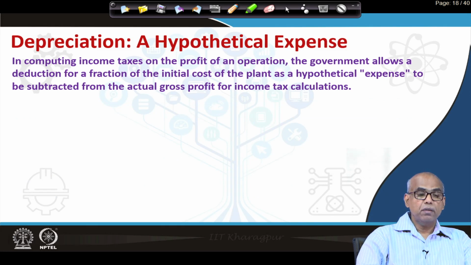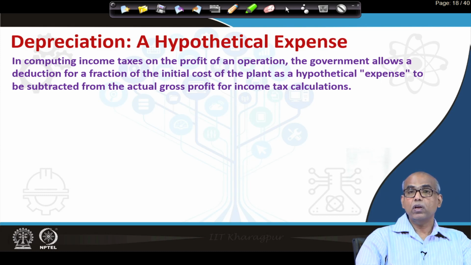You can also define depreciation as a hypothetical expense. In computing income taxes on the profit of an operation, the government allows a deduction for a fraction of the initial cost of the plant as a hypothetical expense to be subtracted from the actual gross profit for income tax calculations.